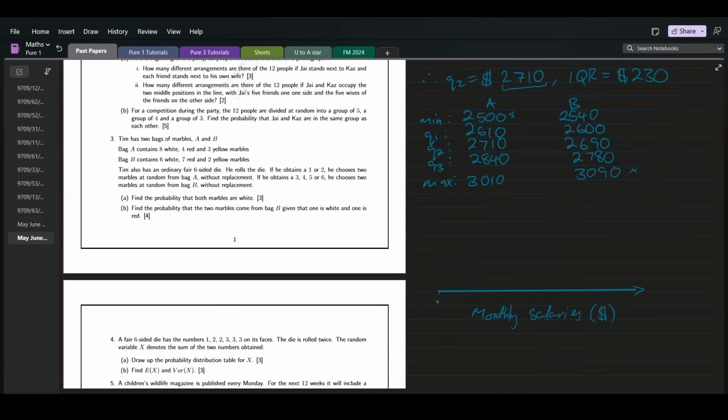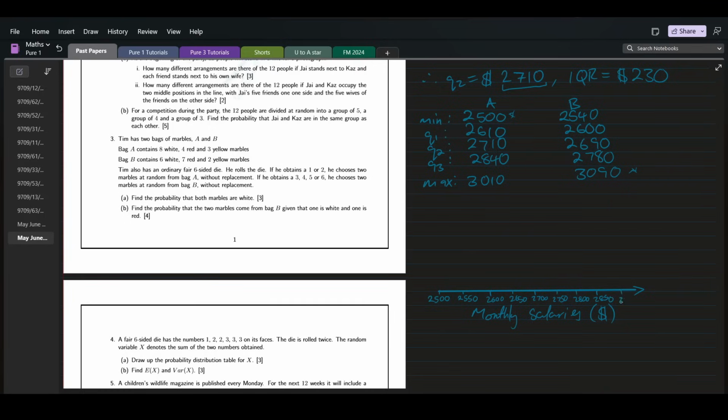So we'll start here and say that this is 2500, and we'll go to 2550. We'll go to 2600, and we'll go to 2650, and then we'll go to 2700, then 2750, 2800, 2850.